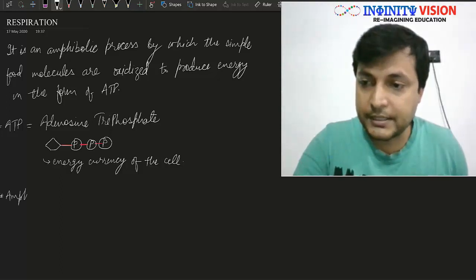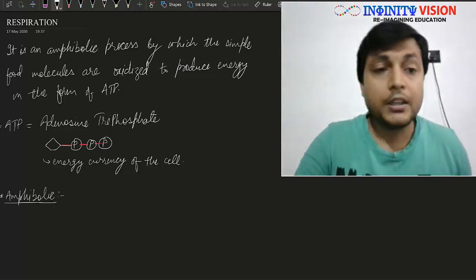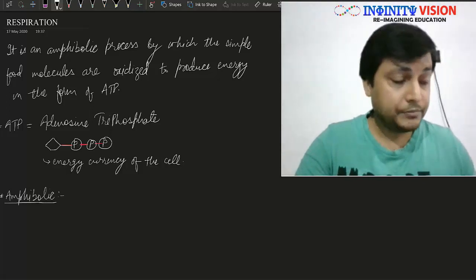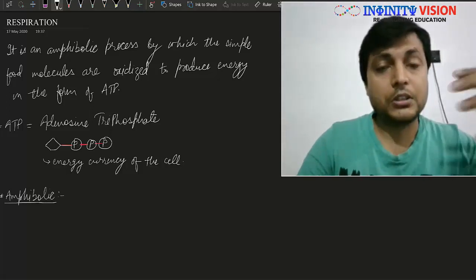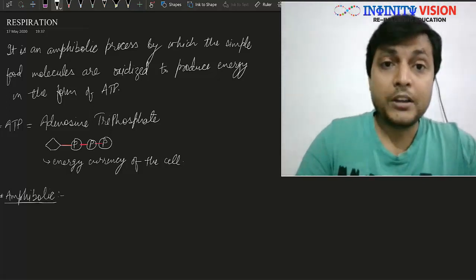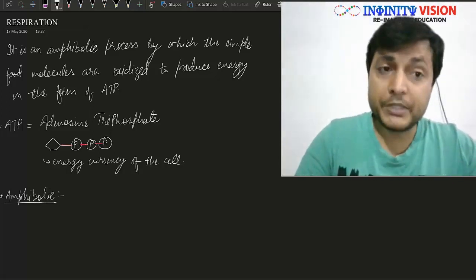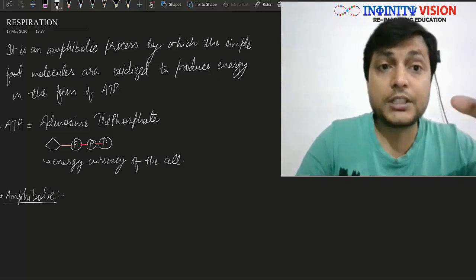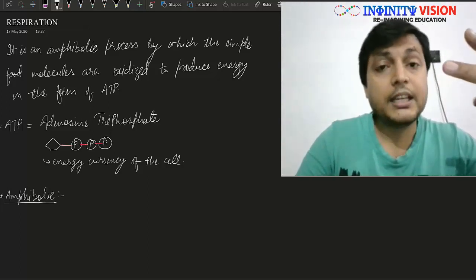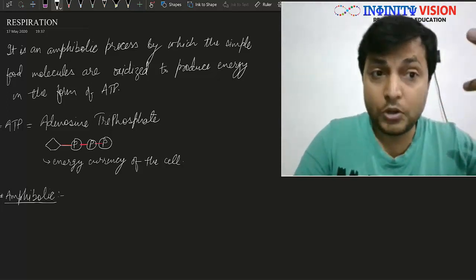The second word is amphibolic. We have said that respiration is an amphibolic process. Now, what is an amphibolic process? You know metabolism, that is the sum total of all chemical reactions going on within a cell or a living organism. These reactions can be of two types, catabolism and anabolism.